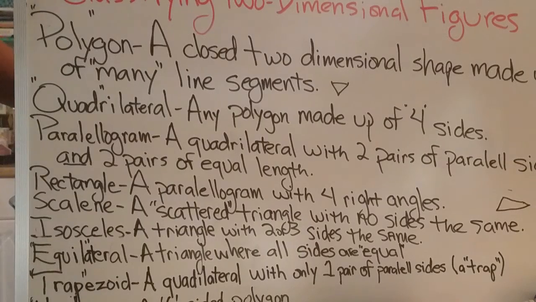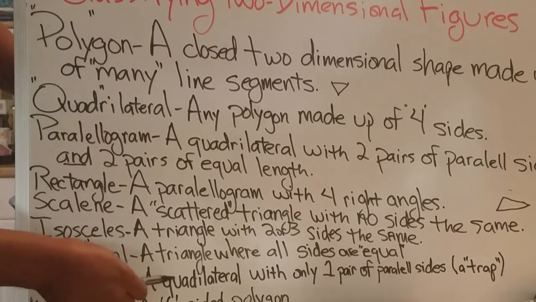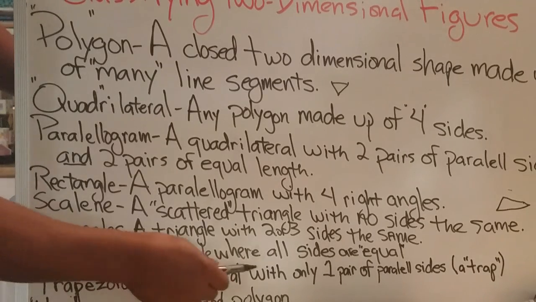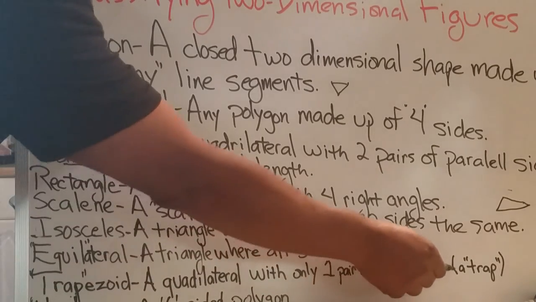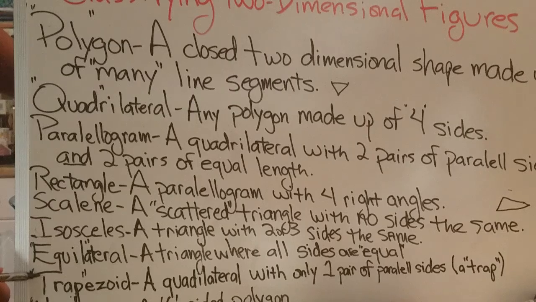Trapezoid, this is interesting. I came up with another Tucker way to remember that one. A trapezoid is a quadrilateral with only one pair of parallel sides. It's a trap. Ooh, write that down. Trapezoid is a trap.